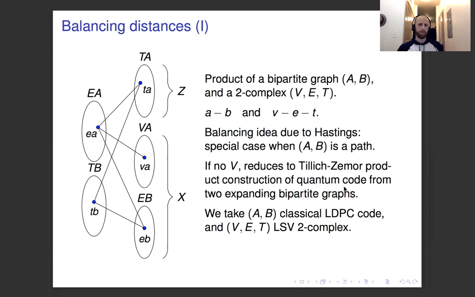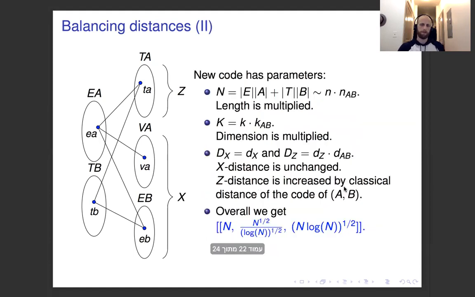The whole idea is that this product enables you to balance the Z distance and the X distance. I'm a bit short on time, so let me just say that these are the parameters that you get from the balancing procedure.